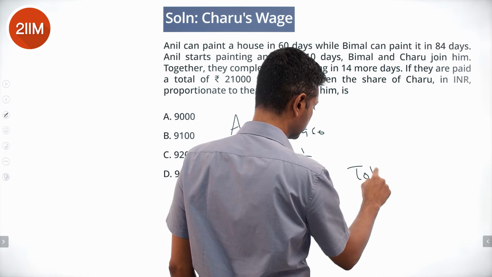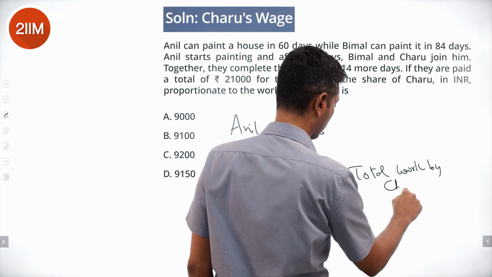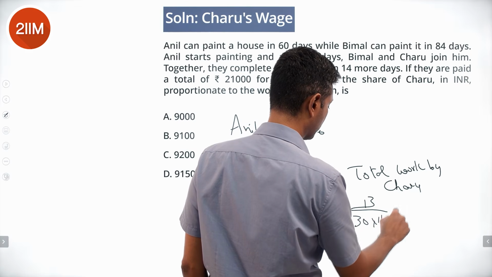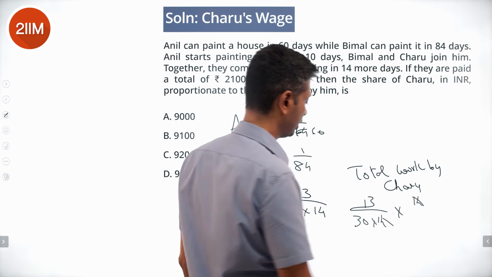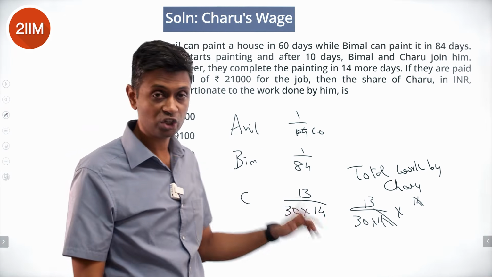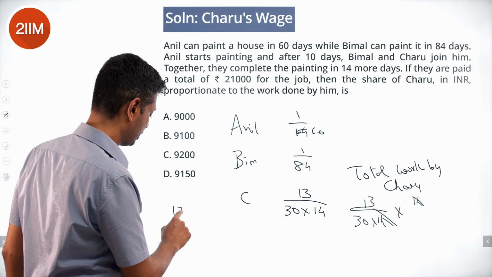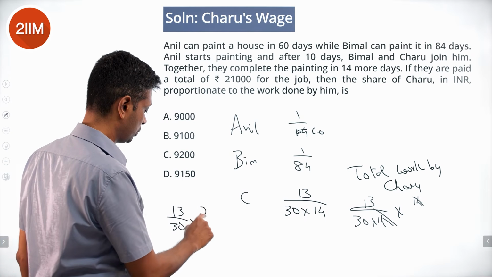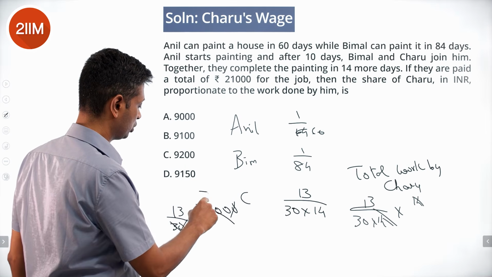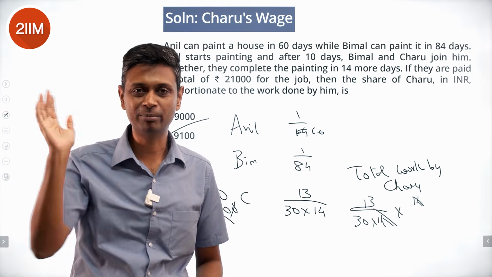Total work by Charu is 13 by 30 into 14 into 14, or 13 by 30 of the total task. 13 by 30 of the total task Charu completes. What is the share he should get? He should get 13 by 30 of 21,000. 700 into 13, just 9,100, done. Once we find this, it's just a mechanical formula.